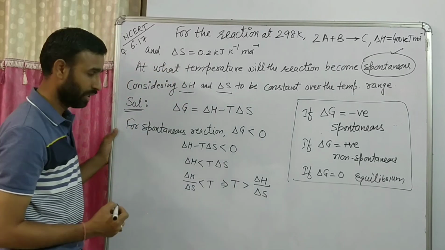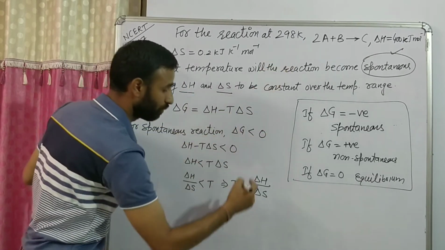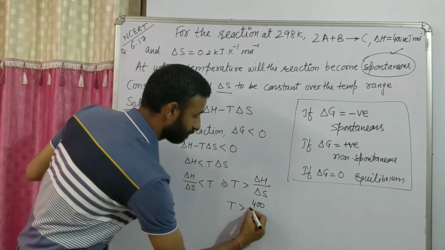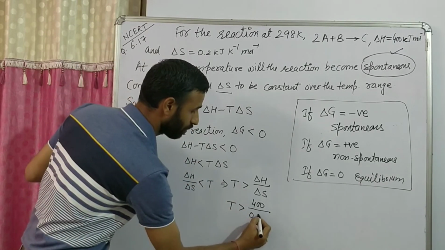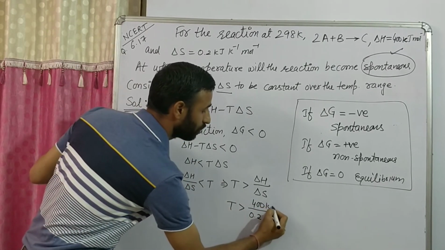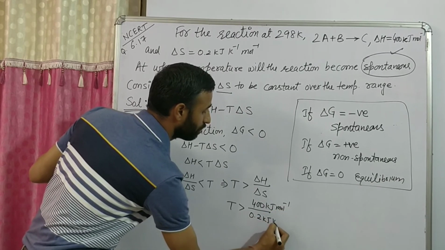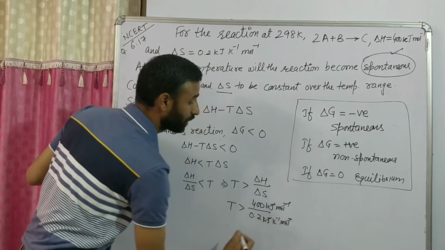Now T should be greater than delta H, which is 400 kilojoule per mole, over delta S, which is 0.2 kilojoule per Kelvin per mole. Kilojoule and mole cancel.